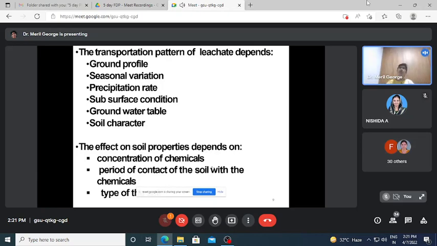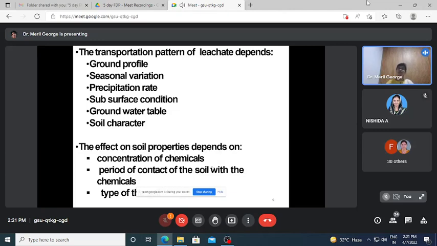That also we cannot generalize. It depends upon the ground profile, seasonal variation, precipitation rate at that particular site, subsurface condition, groundwater table, soil characteristics, etc.